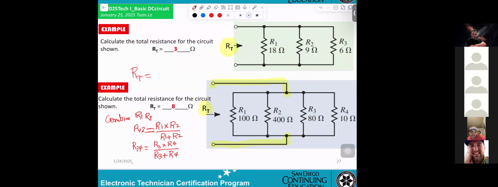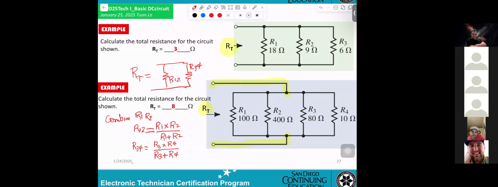Finally, R total equals R1,2 parallel with R3,4. And you can calculate R1,2 times R3,4 divided by R1,2 plus R3,4.